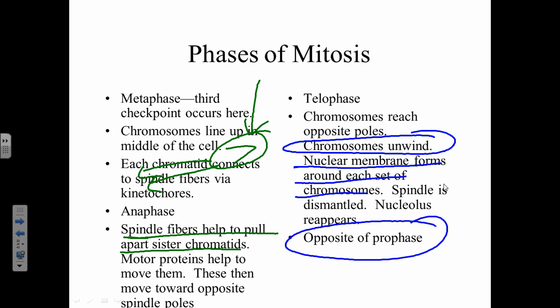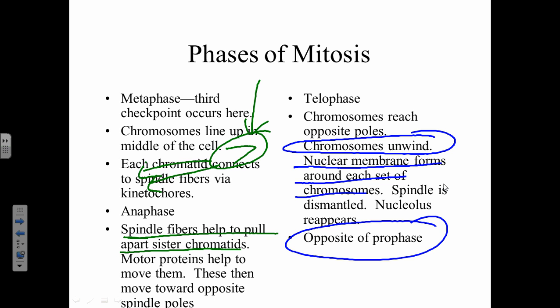Two nuclei. During telophase, you're going to have one cell that now has two nuclei in there. Also remember that during prophase of mitosis, what happened with the little spindles? They got made. During telophase, they get broken down. They get disintegrated.